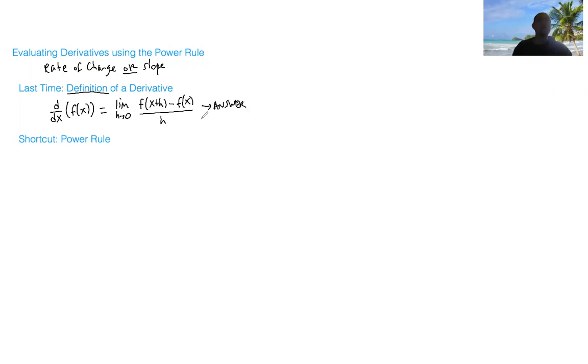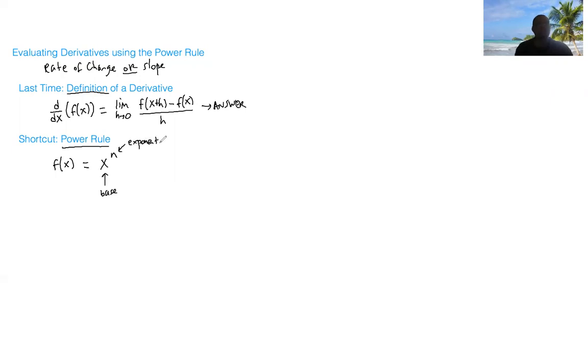Today, I want to go over a faster way to calculate the derivative using the power rule. In a sense, it's going to be a shortcut, okay? And so let's say I have a general function that looks like this: some base x raised to some exponent n, my exponent.